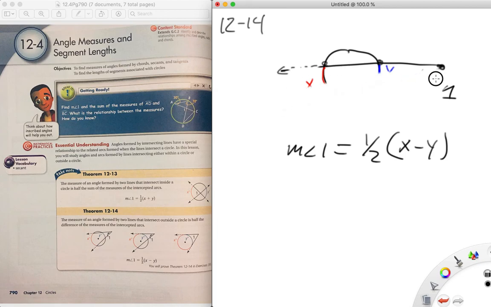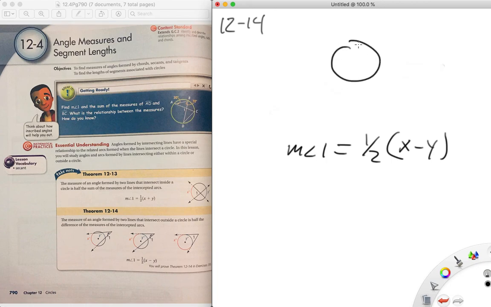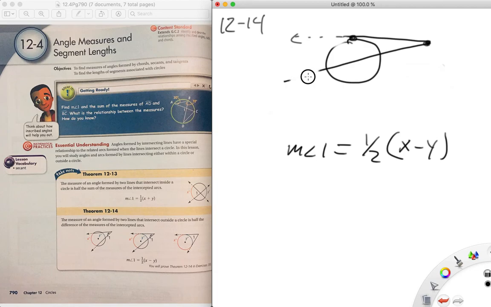Case number 2, and it has the same exact equation. The equation doesn't change. We have a tangent line and one line that goes through.